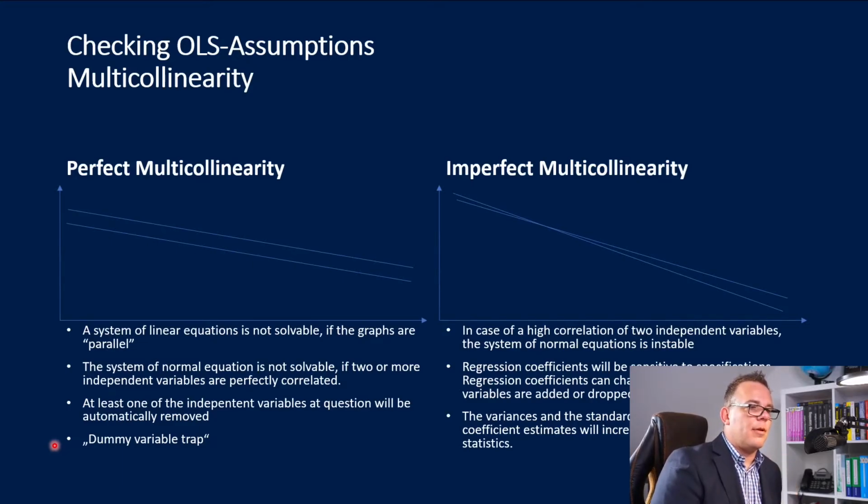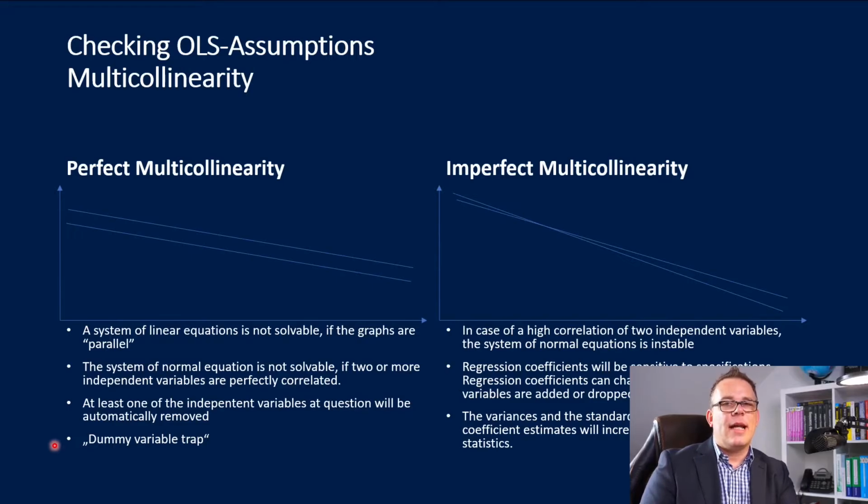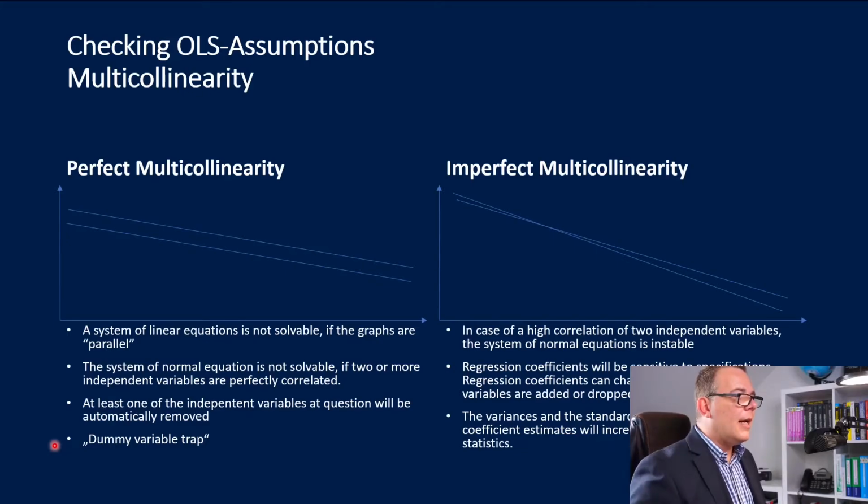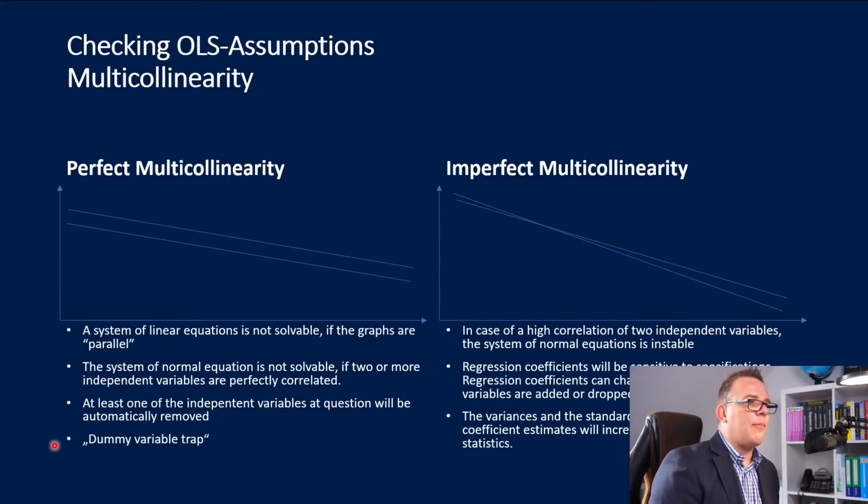This leads to the problem that the system of normal equations has no solution. This is exactly what we had at school when we tried to solve a system of linear equations, and the graphs of those linear equations were parallel. Well, what happens then if we have perfect multicollinearity in our data? The computer will notice, and in some software packages we will get an error, but in most software packages one of the variables will be removed.